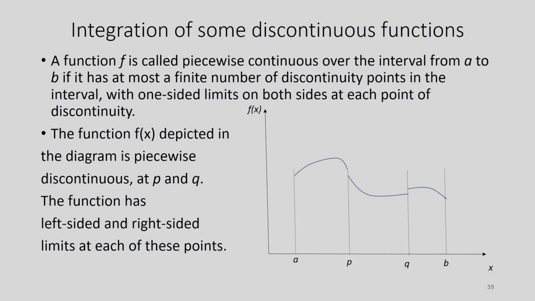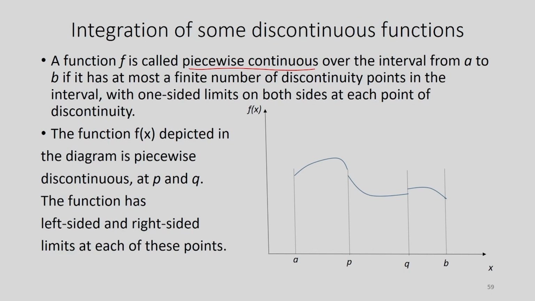A function f is called piecewise continuous over the interval from a to b if it has at most a finite number of discontinuity points in the interval with one-sided limits on both sides at each point of discontinuity. Okay.